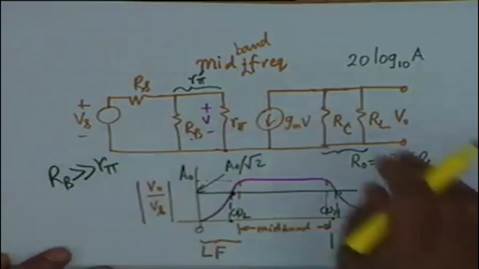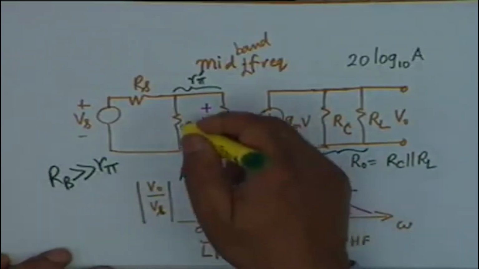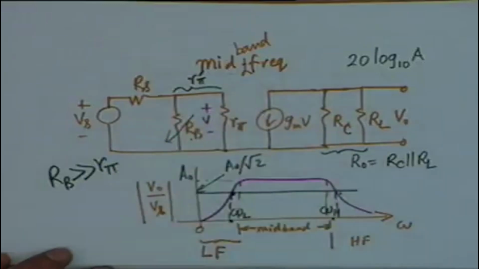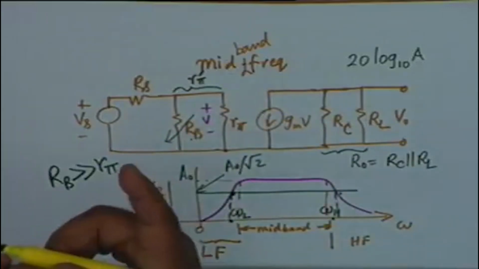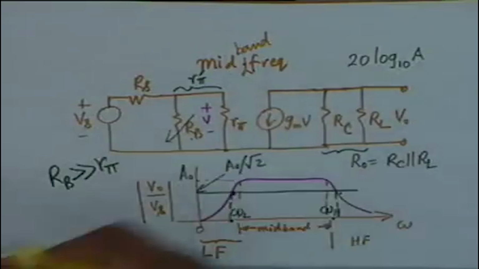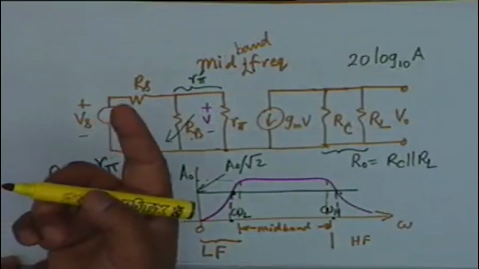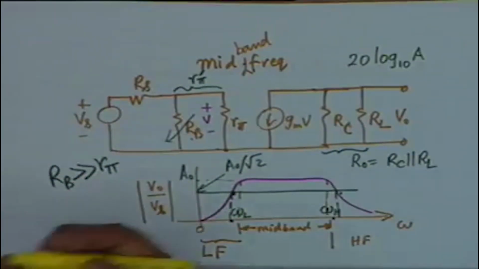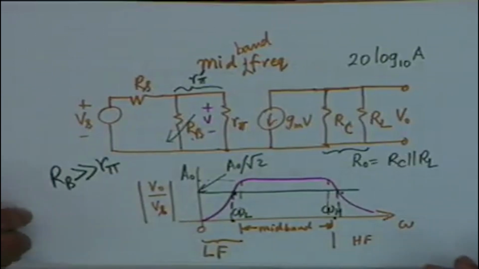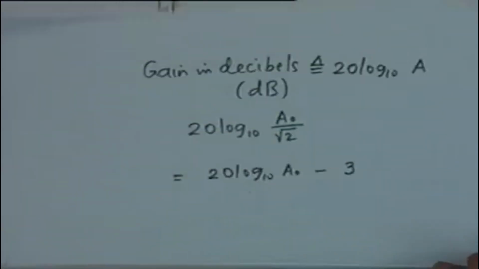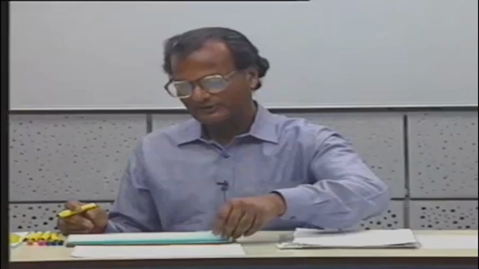And therefore in our subsequent calculations we shall ignore the effect of RB. If needed, if your design is such that RB is comparable to R pi, then you simply combine the two. That is, you take instead of R pi, you take R pi prime, which is the parallel combination of RB and R pi. And therefore our equivalent circuit then simplifies to the following.